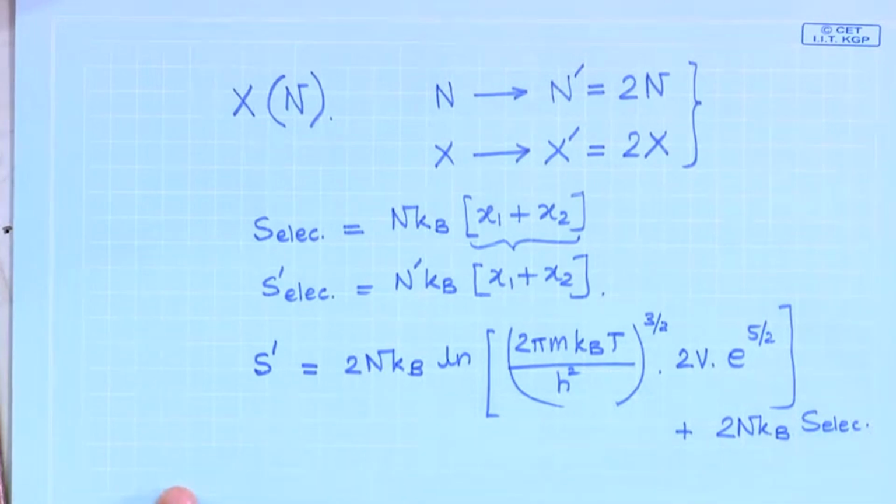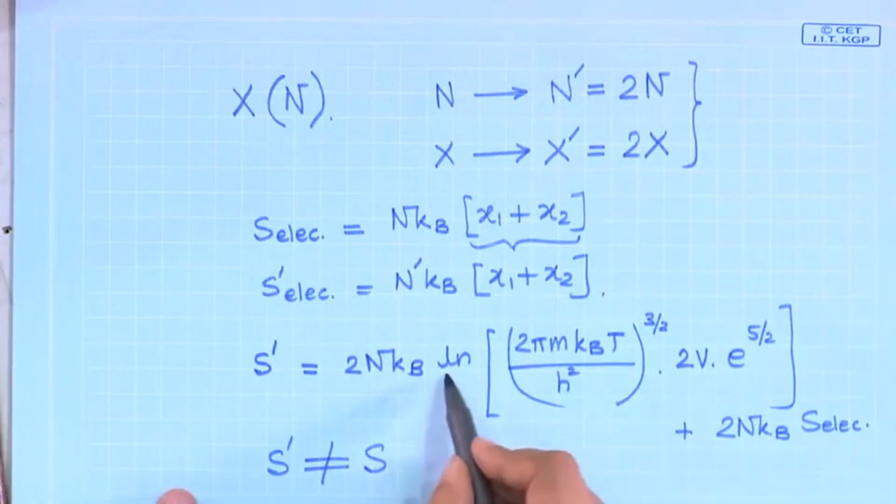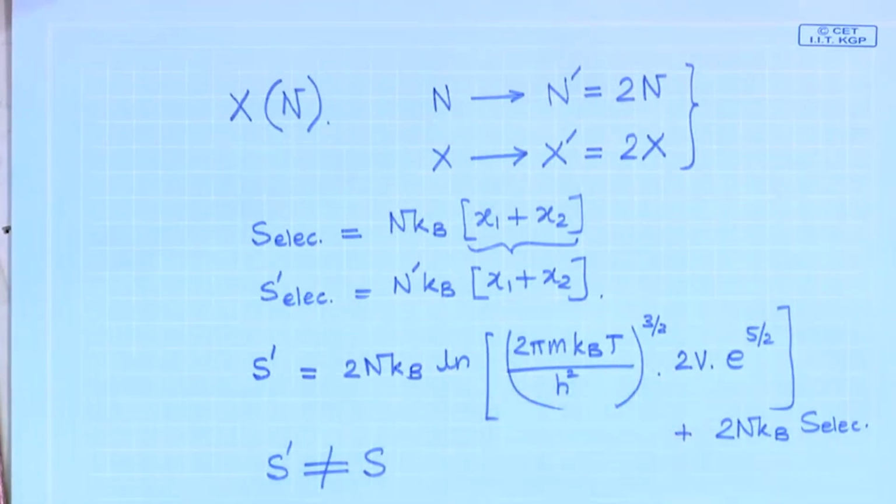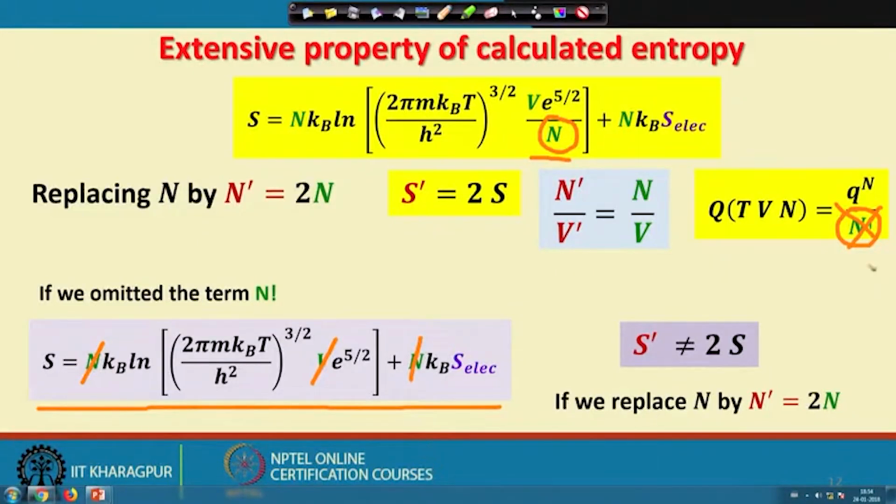So, immediately you can see S prime is not equal to S, and that is because there will be an extra ln 2 term here that will destroy the equality.